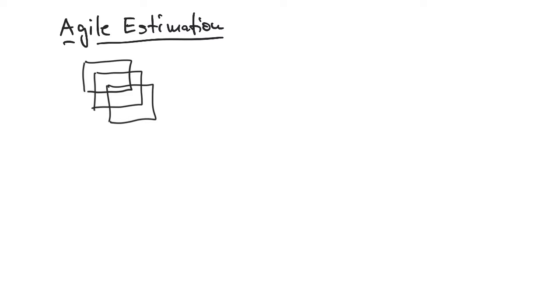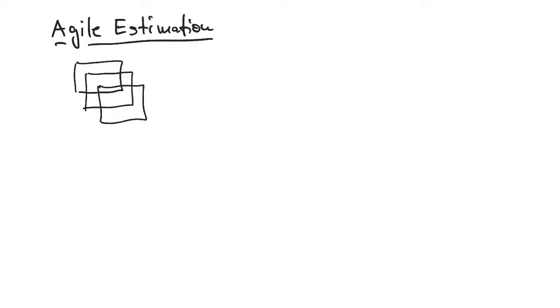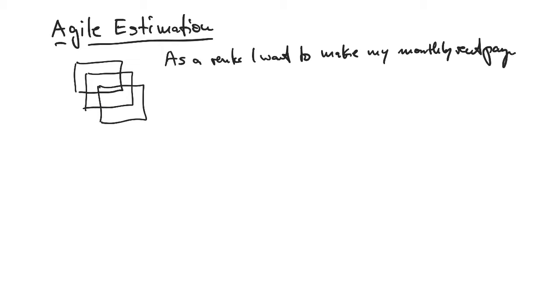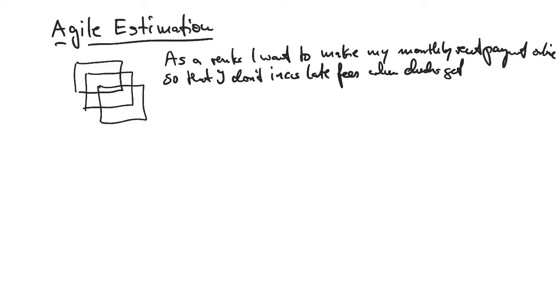They're always written from the perspective of: as a, let's say, renter, I want to make my monthly rent payment online, so that I don't incur late fees when checks get lost.